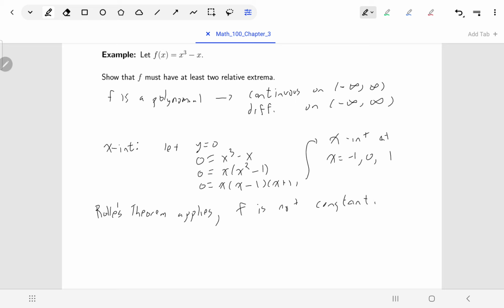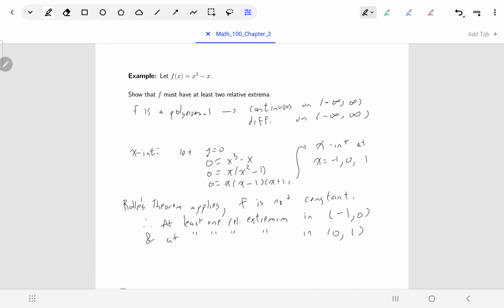And so now we can say between any two x-intercepts, I'm guaranteed to have at least one relative extremum. So I'm going to have at least one relative extremum in the interval from -1 up to 0, and also at least one relative extremum in the interval from 0 up to 1. So there we go. We're guaranteed at least two relative extrema.